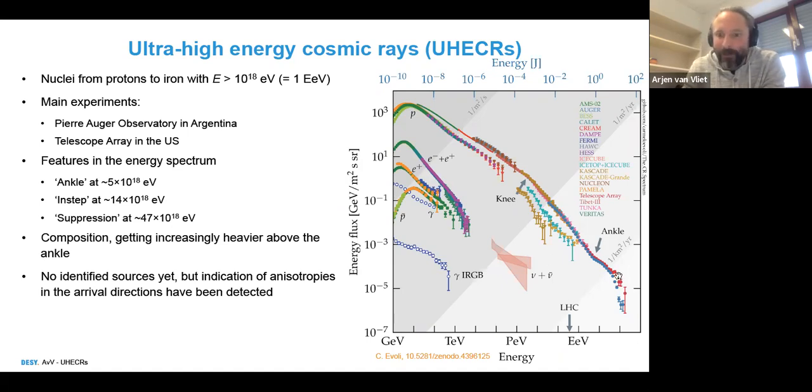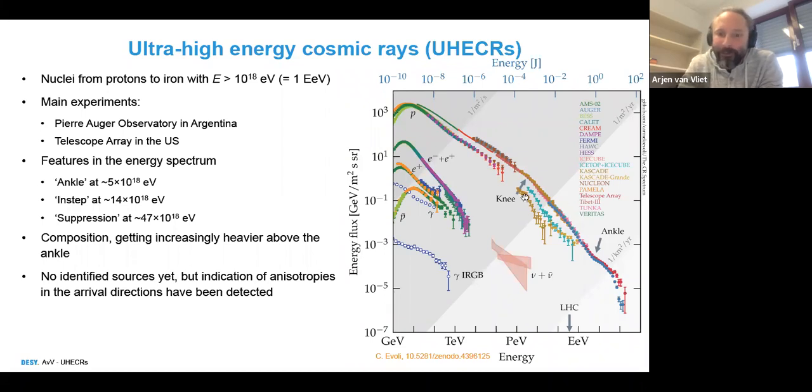And then if you go to the highest energies, you get to 1 cosmic ray per square kilometer per year. So in that case, you really need these huge arrays to be able to see these particles, or at least a significant number of these particles.